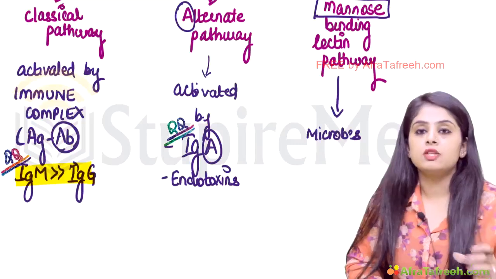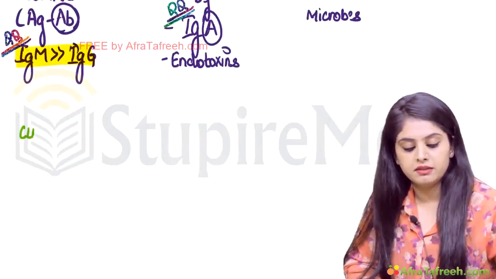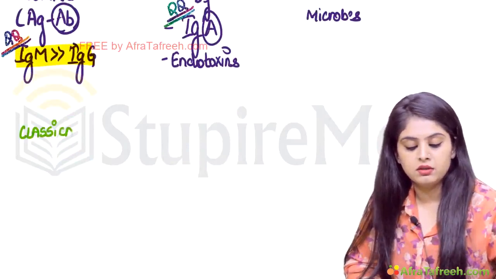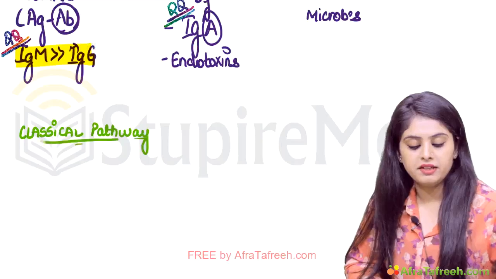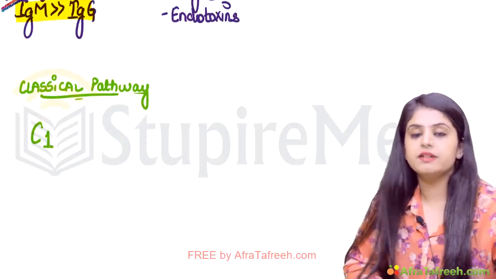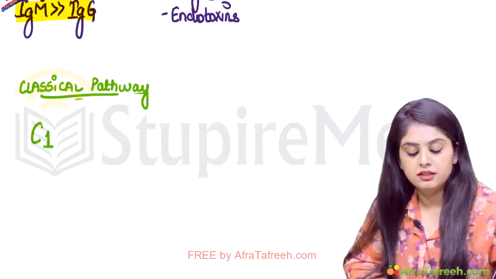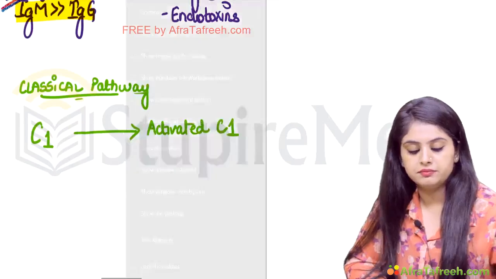Now let's come to the actual pathway. What is happening in the classical pathway? Once it gets activated, the first complement protein that will get activated is C1. C1 will convert into activated C1.